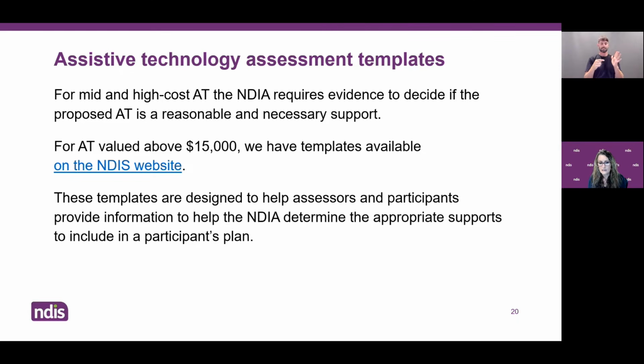And these templates are designed to help assessors and participants provide the correct information to help the NDIA determine the appropriate supports to include in a plan. And using these templates ensures the NDIA has all of the information required for planning and approval, and it helps avoid delays. And the structure of these templates may also be helpful when providing evidence for AT valued less than $15,000.